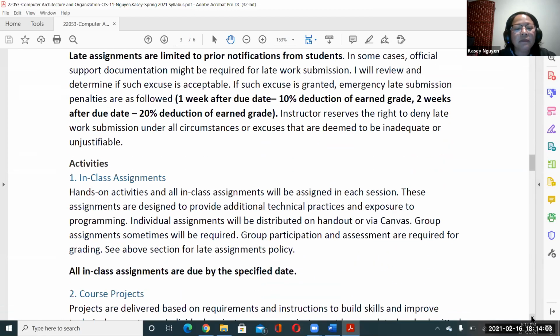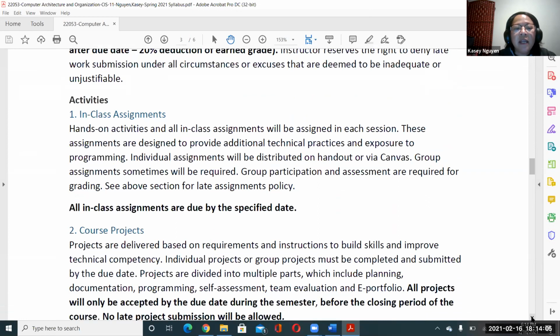Okay. There are some in-class assignments starting with today. I usually walk the students through the assignments. I will do the activities with you, also with the lab as well. Before, I would require it at the end of the session, but I understand that sometimes it's hard to grasp the concept right away.